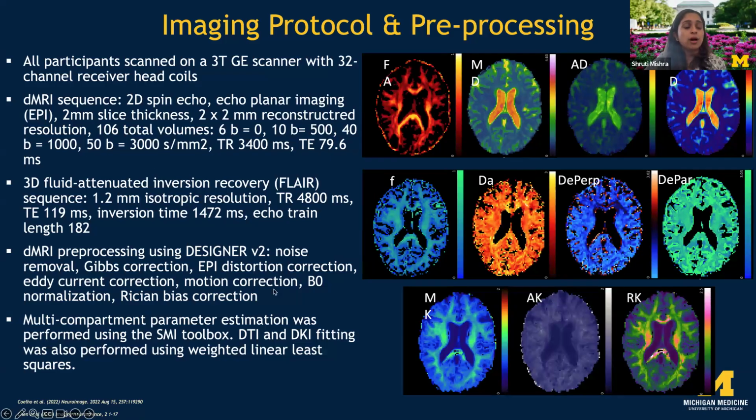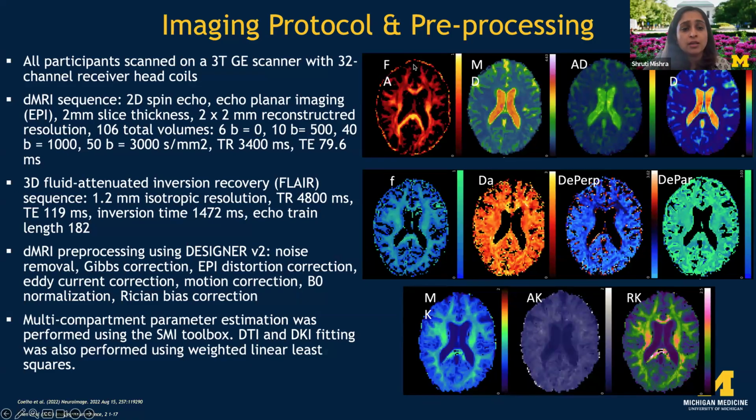We, of course, also used the T2-weighted FLAIR sequence to quantify our white matter hyperintensity volumes, which we did with LST-AI. We also did our diffusion MRI preprocessing, including all of the relevant steps, and then did our multi-compartment parameter estimation, as well as both DTI and kurtosis fittings. This is an example of what our maps look like.